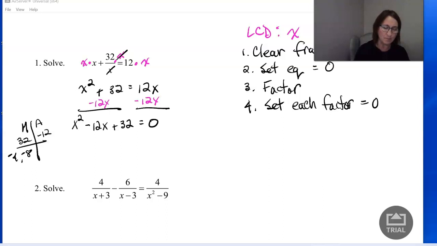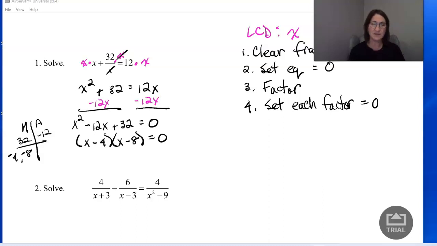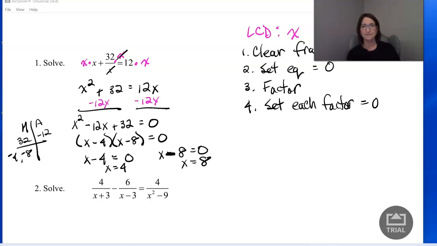But if I make both of them negative, a negative times a negative still gets me that positive 32, and it adds to a negative 12. So I've got X minus 4, X minus 8 is equal to 0. Set each of those factors equal to 0. X minus 4 equals 0. X minus 8 equals 0. So I've got X equals 4, X equals 8.